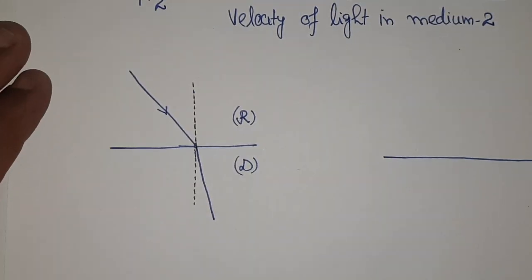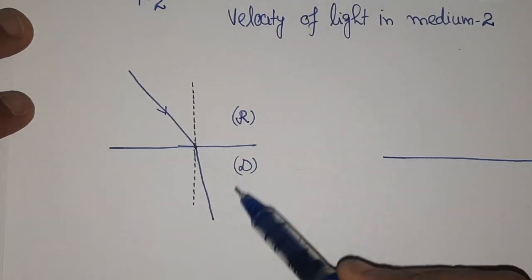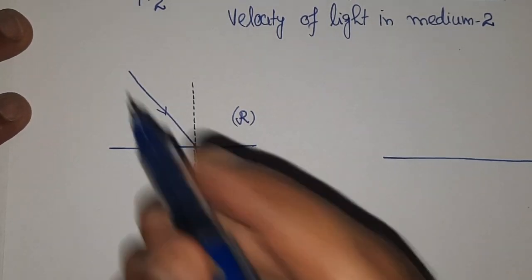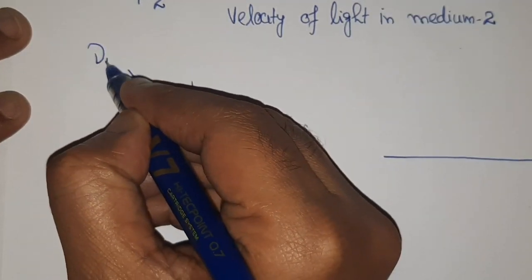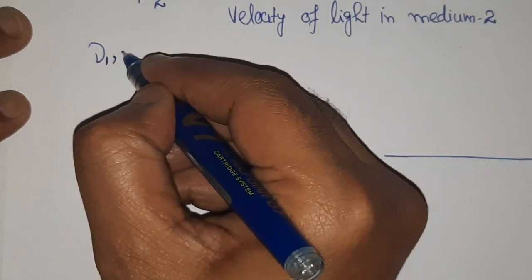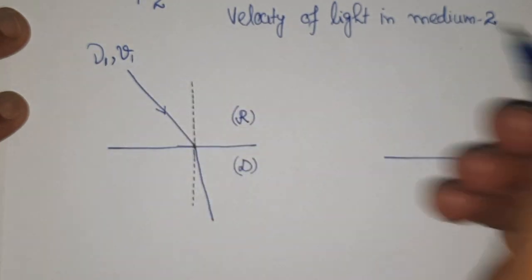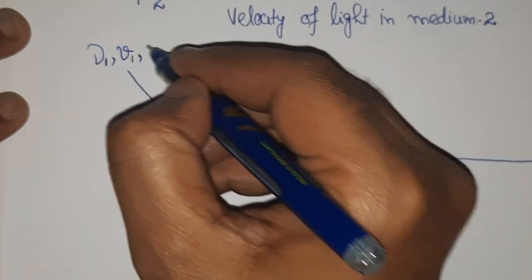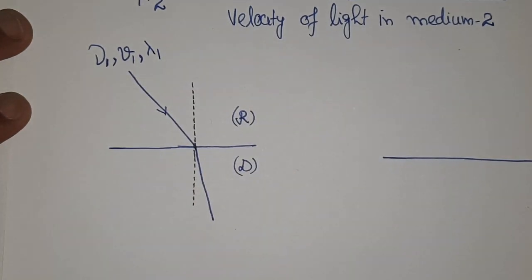Suppose the light, when entering from the rarer medium, has frequency nu1, velocity v1 and wavelength lambda 1.